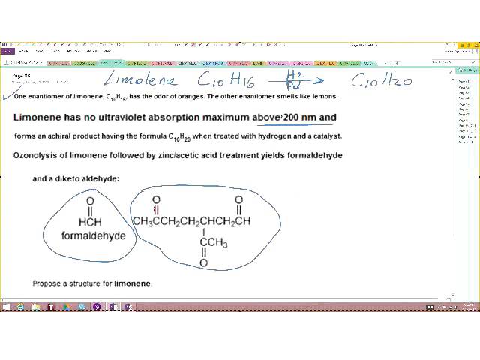Okay, but before we get to this reaction, before we get to what this actually means at this point, let us take a look at this information they've given us. It said limonene has no ultraviolet absorption maxima above 200. Okay, so let me take a few minutes to give you a background information on this.